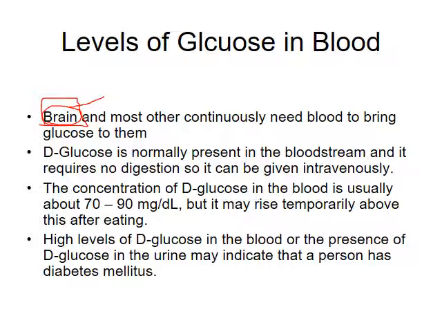And for it to work, what it needs is energy, and where does it get energy? It needs glucose. So the brain continually needs an influx of glucose. All right.